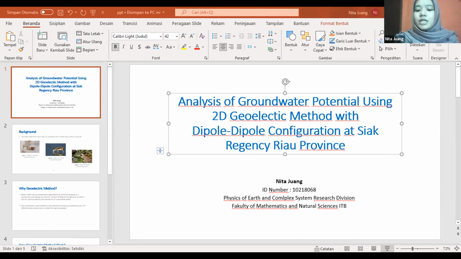When the distance of the current electrodes is made greater, the voltage at the potential electrodes also changes, giving information about the types of rock that participate in the injection of electric current at greater depth.